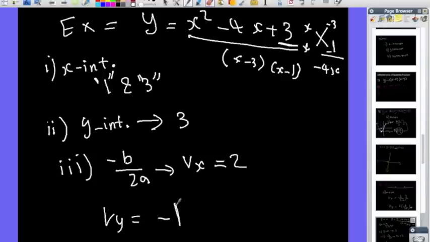So y vertex is -1 and x vertex is 2. Don't forget the formula is like this.